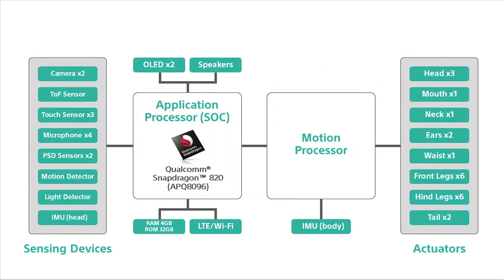And this is the structure of AIBO devices. The devices are a lot of sensors and a lot of actuators. The actuator consists of motors and servo microns.